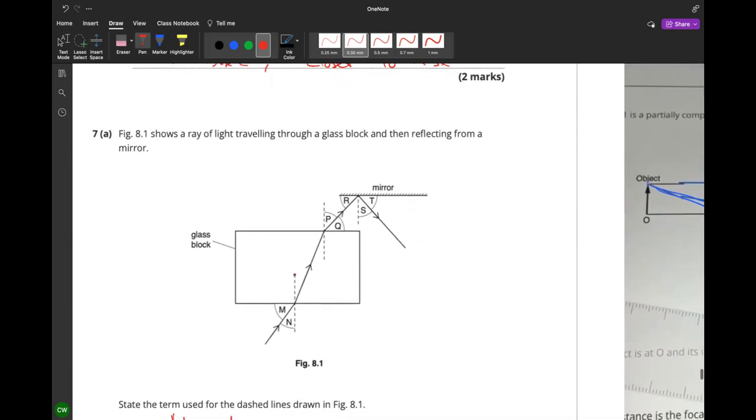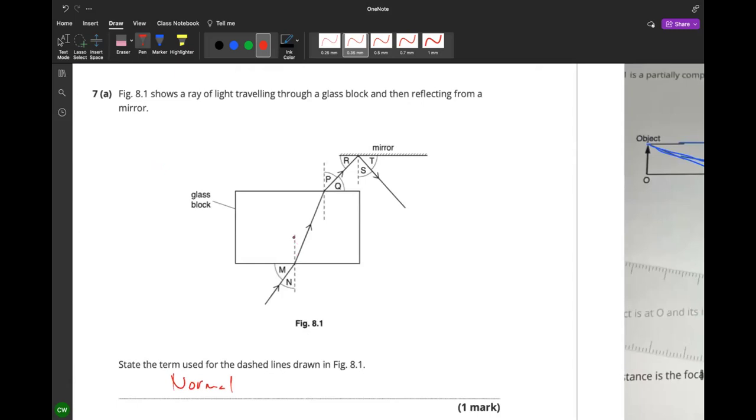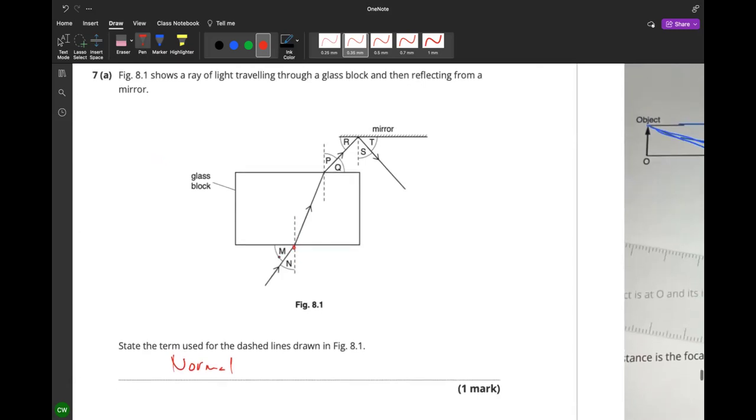That means on this ray. Okay, on this part, which one is incidence? Which one is I? N or M? M or N? N. Why N? Why not M? It must be with the normal line. So incident is N.